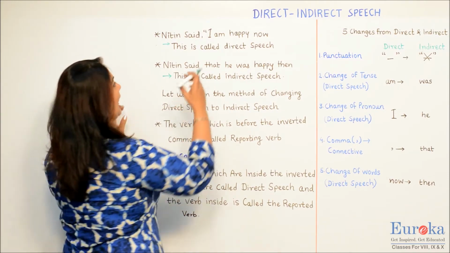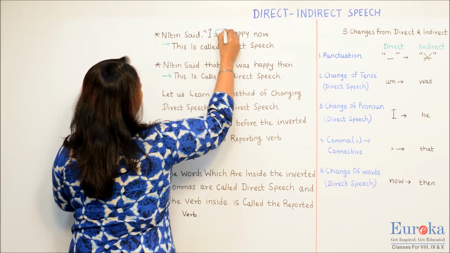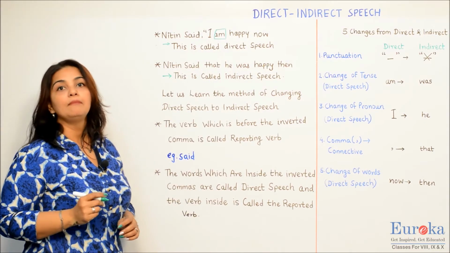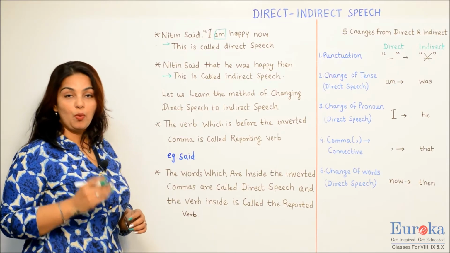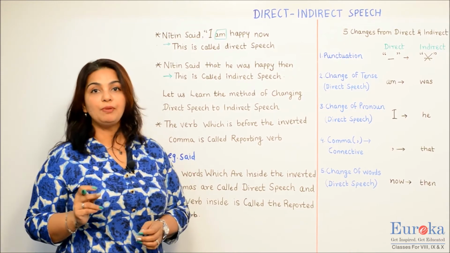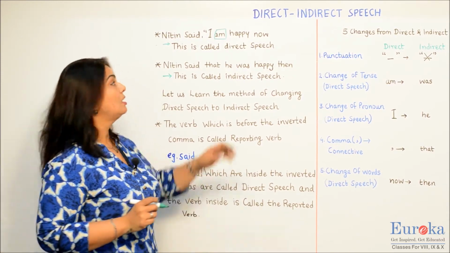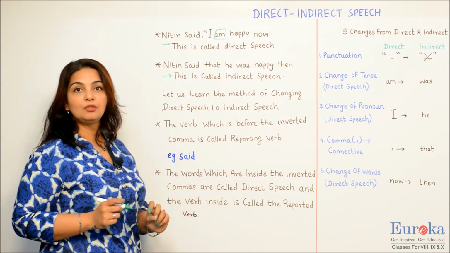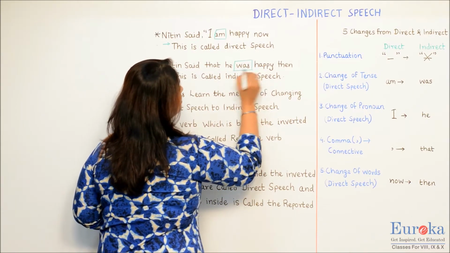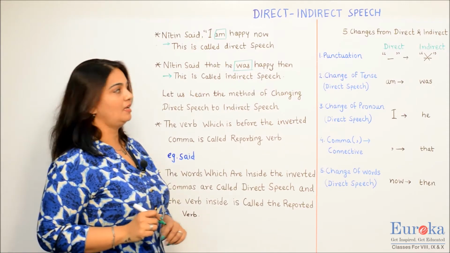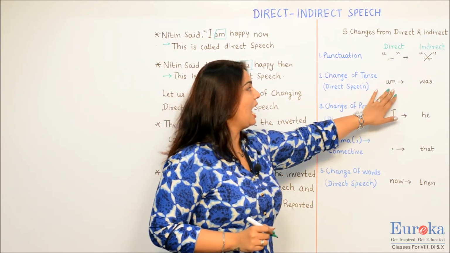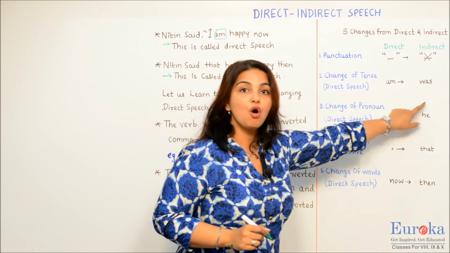Nitin said, "I am happy." Am, present tense. But when the same sentence is converted into a reported speech or an indirect speech, the present tense gets converted into was, which is a past tense. So, the second rule is the change of tense. Am is converted into was.